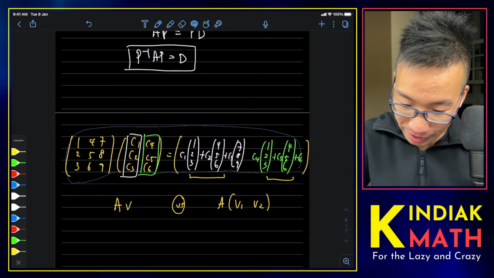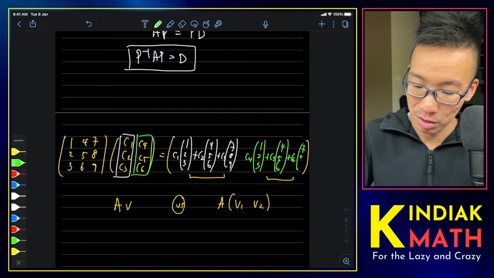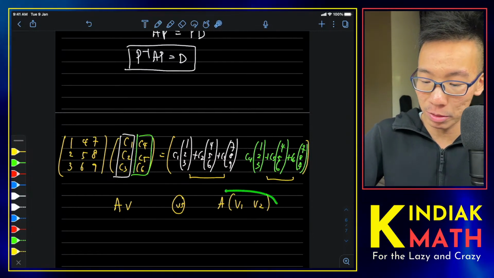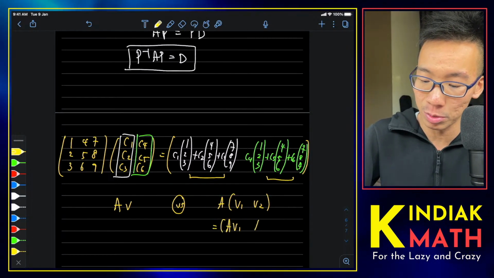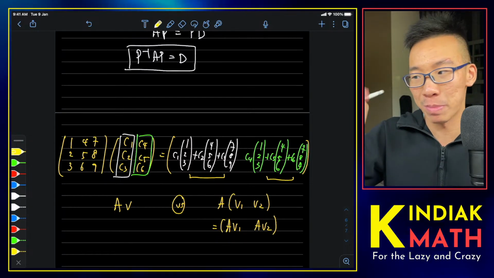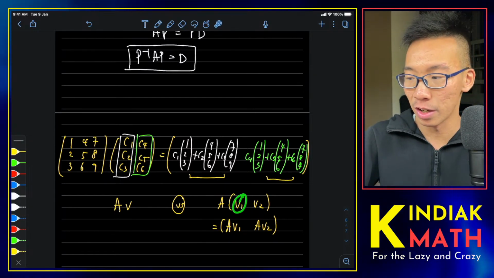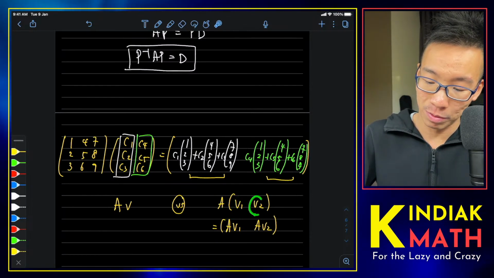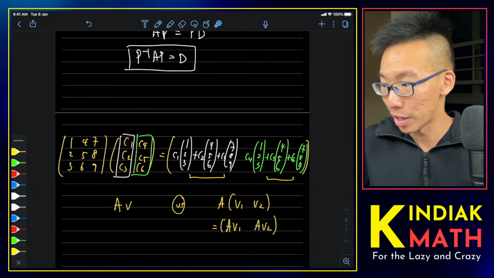Let me write this down properly. When you do matrix multiplication, essentially you multiply the matrix of ingredients by the recipe matrix, because you're applying these recipes onto these ingredients. So this is the dish that you obtain with this recipe on these ingredients. It's a really useful idea.